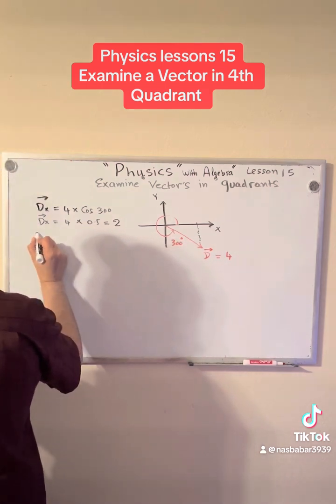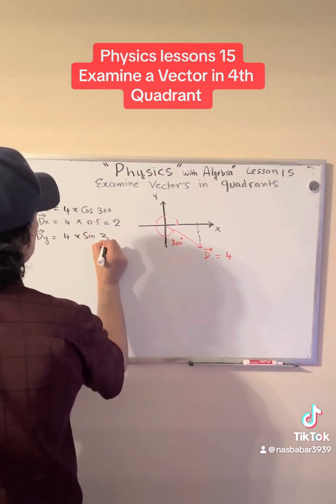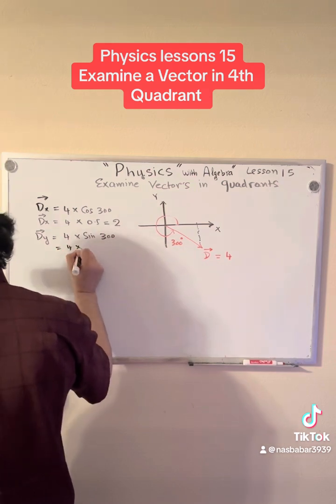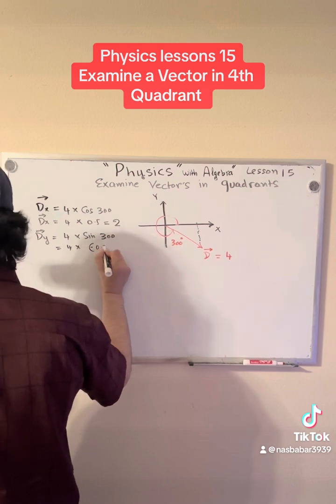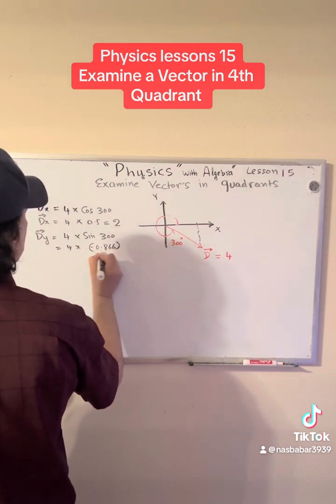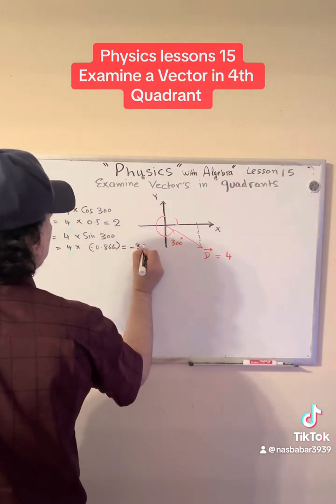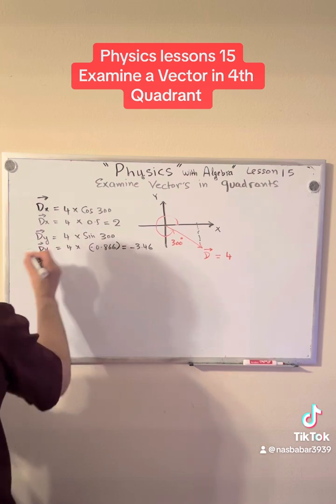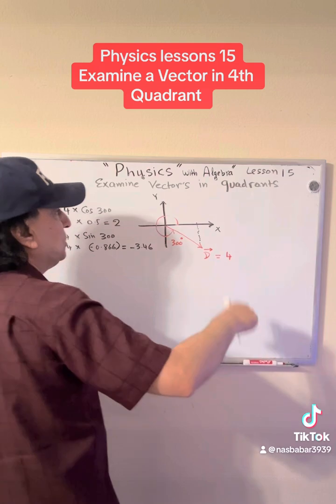We find the y component, Dy, which is equal to 4 times sine of 300, and 4 times sine of 300 is negative 0.866. If you solve that, you get negative 3.46. All right, so we have found the horizontal and vertical components of this vector going in this direction.